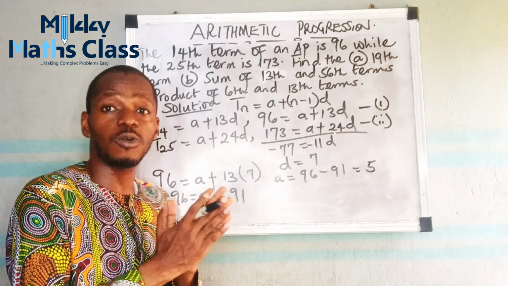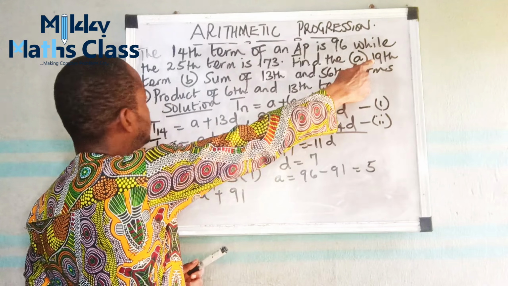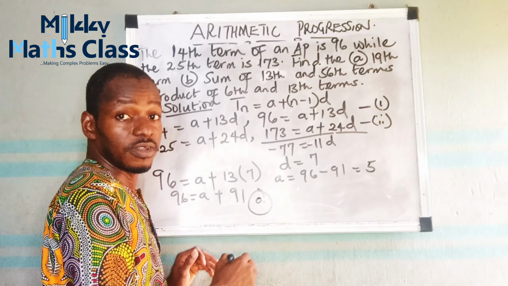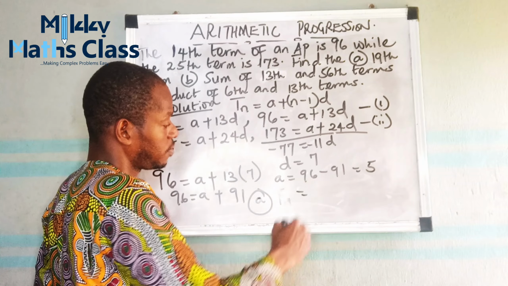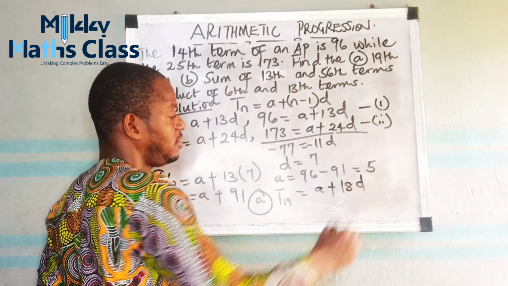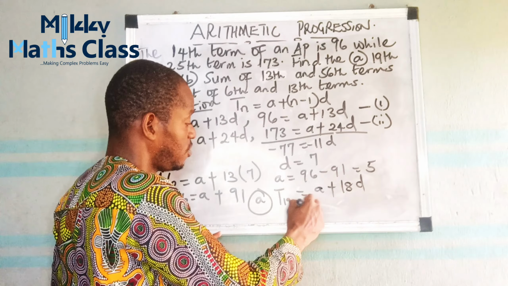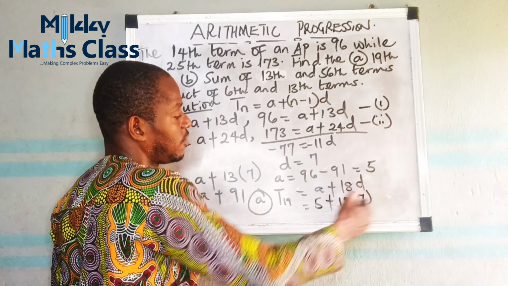So we have what we need to find the 19th term. The 19th term, T19, is equal to a plus 18d. So we already have our first term, which is 5. So we input it, that's 5 plus 18 times 7.